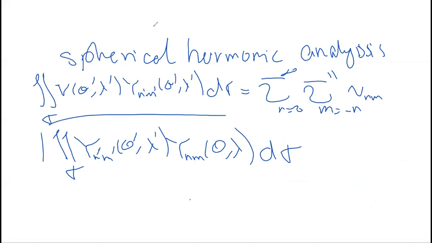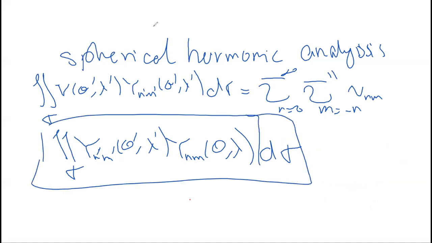Do you know this? This is orthogonality, based on the orthogonality property of the spherical harmonics. This will be 4 pi delta_nn' delta_mm'.